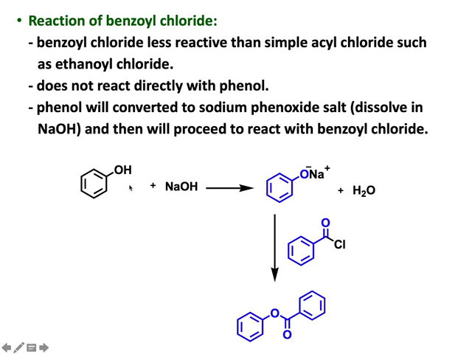A simple acid chloride such as ethanoyl chloride does not react with the phenol. Phenol will convert to sodium phenoxide salt and then proceed to react with benzoyl chloride, so it becomes ester.